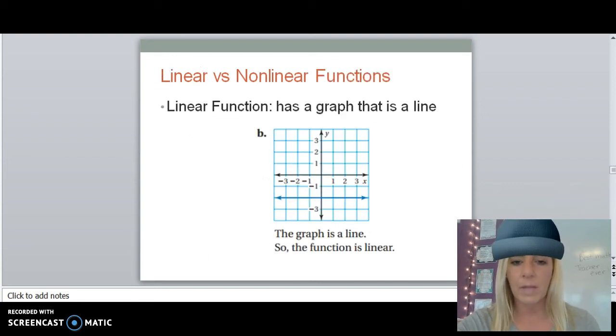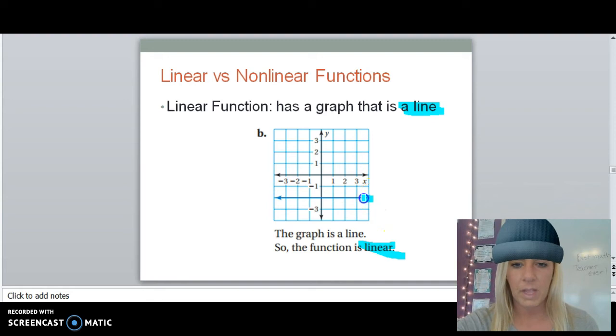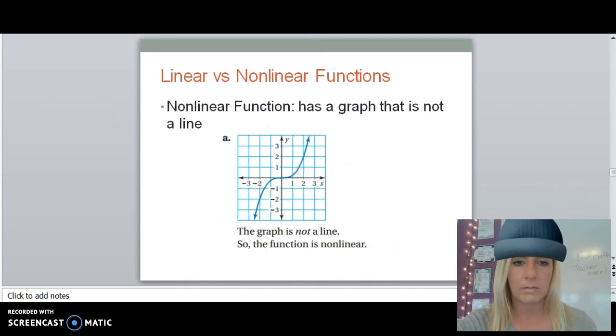You could also tell by looking at a graph. A linear function has a graph that is a line. The graph is a line, so the function is what we call linear. If you look at this line here, it's a straight line, so therefore it is a linear function. A nonlinear function has a graph that is not a line.